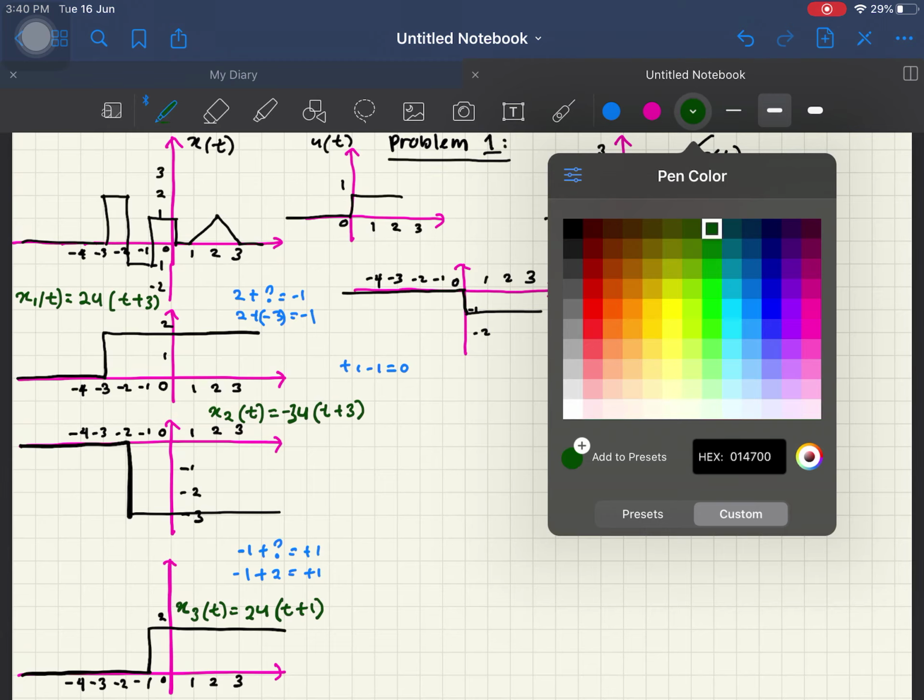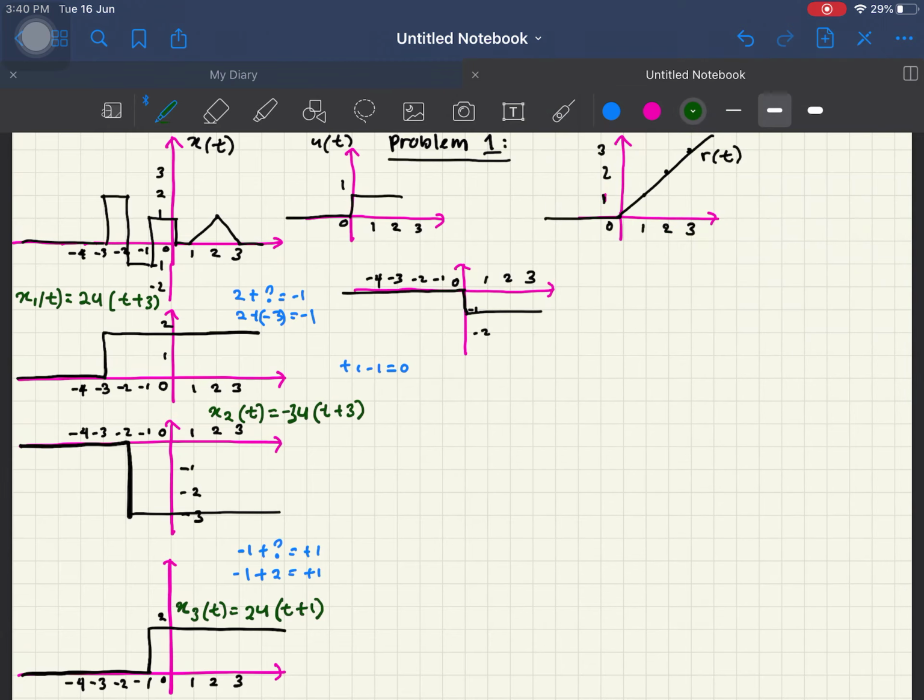So if I am to write the mathematical equation of x1 of t, it will be a step signal. Okay, no time shift, so just t, but the amplitude is -1, so you will have a minus here.